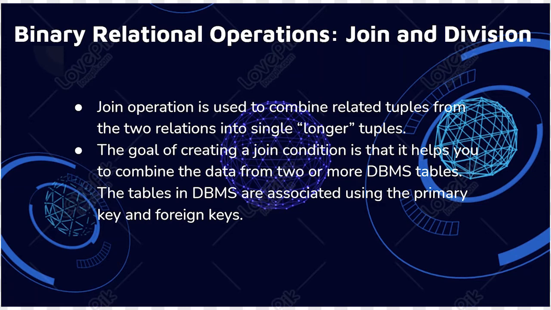The goal of creating a join condition is that it helps you to combine the data from two or more DBMS tables. The tables in DBMS are associated using the primary key and the foreign key.